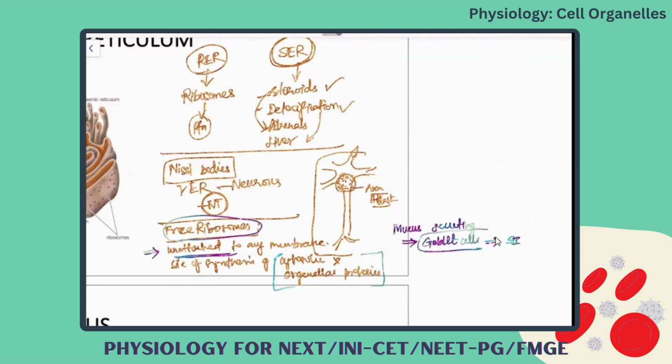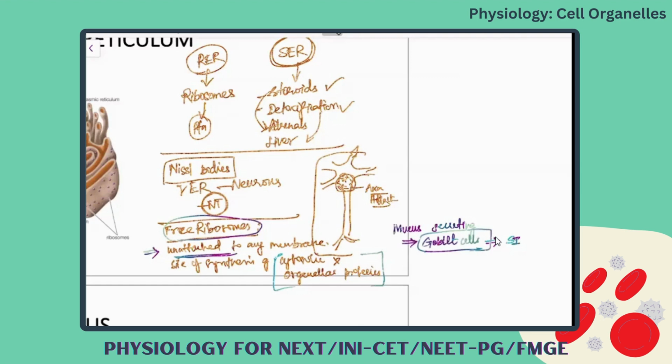The goblet cells secrete the mucus, which is the internal covering of the small intestine. So that is one example of free ribosomes, the ribosomes which are not attached to any membrane, and its example is the mucus secreting goblet cells in the small intestine.